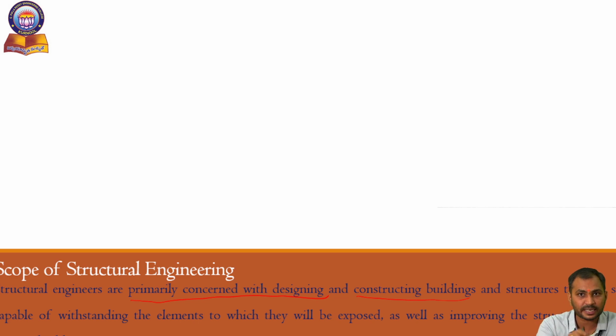If the structure is safe in our paper calculations, then we will implement it on the field. If the structure is not safe in our paper calculations, we should not proceed. So the scope of structural engineering is that structural engineers are primarily concerned with designing and constructing buildings or any type of structures which should be safe and capable of withstanding the elements to which they will be exposed.